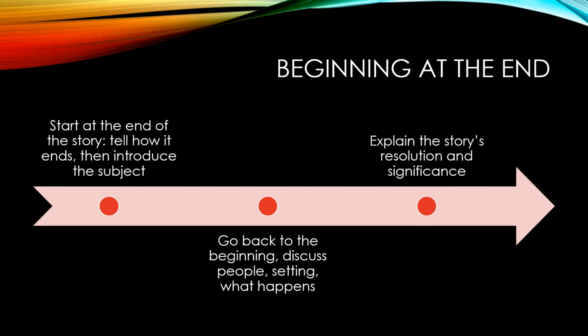And then a third way is to begin at the end. Start at the end of the story, tell how it ends, and then introduce the subject. Go back to the beginning, discuss people, setting, and what happens, and then explain the story's resolution and significance. So note that resolution and significance in all three of these occur at the end of the paper.